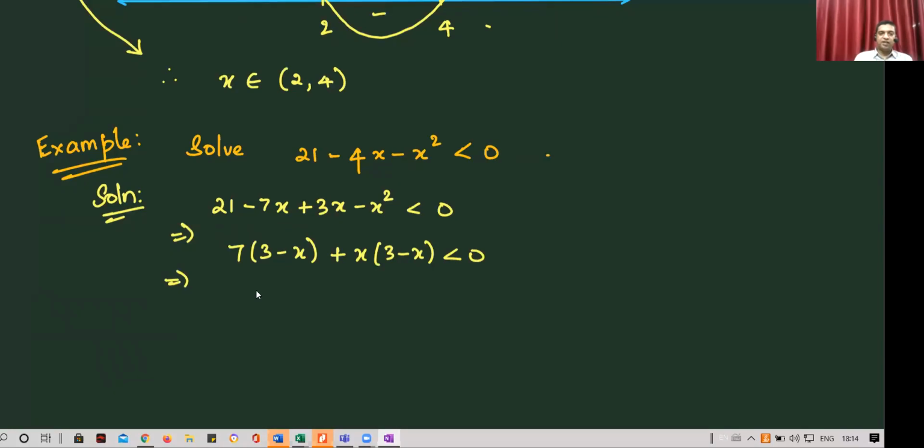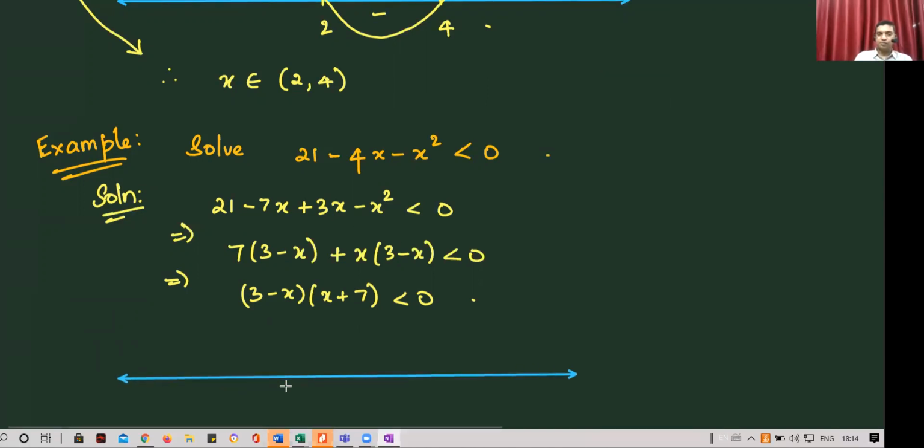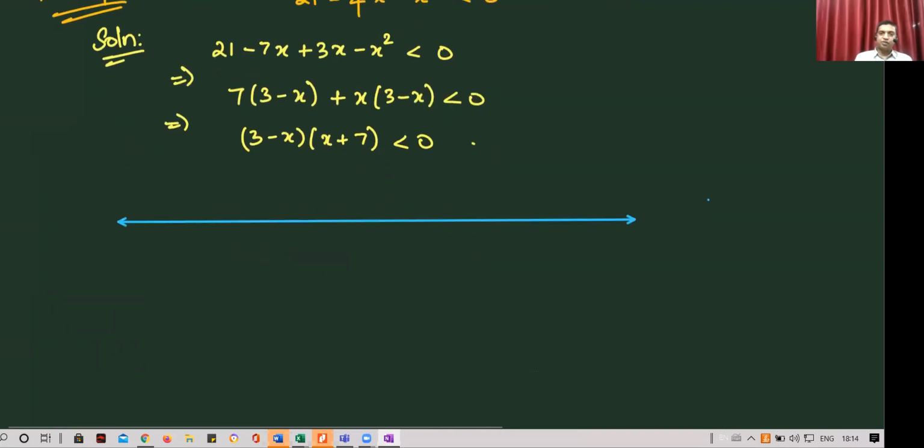So I'll get 7 plus x, 3 minus x into 7 plus x, that is x plus 7. Now I equate the factors to 0. Now if I have to use the number line sign scheme, I can equate the factors to 0. I'll get two values, x equal to minus 7 and x equal to plus 3.